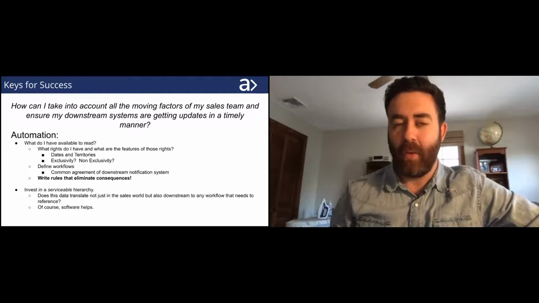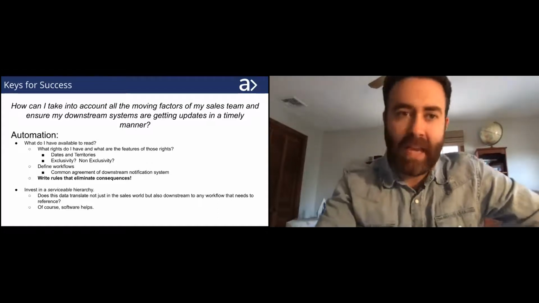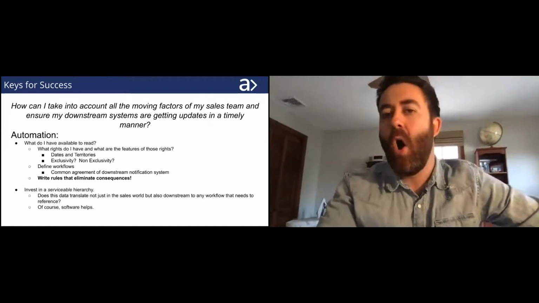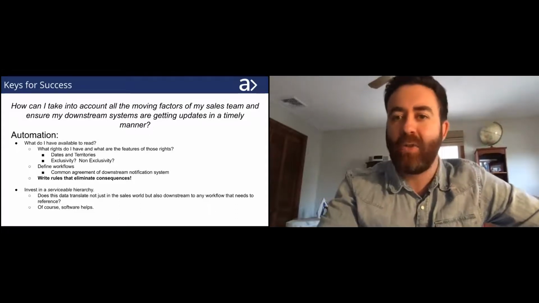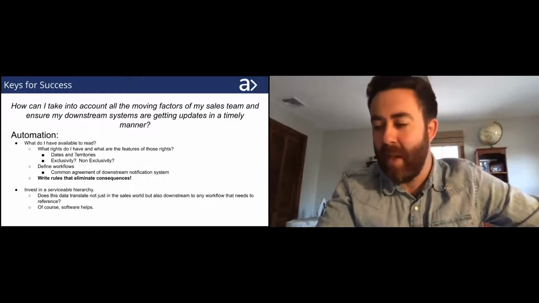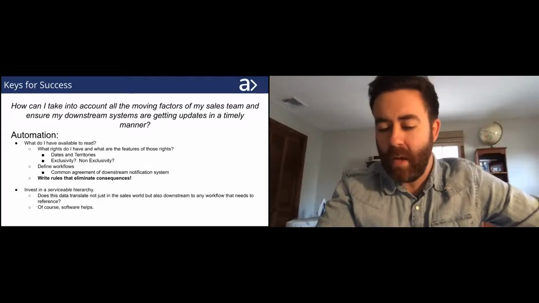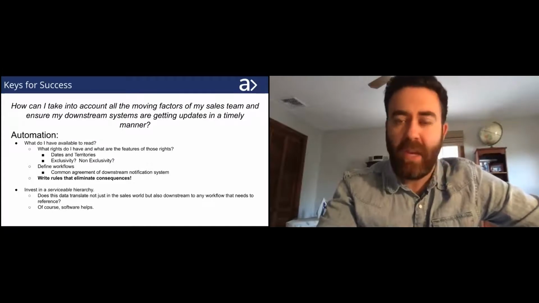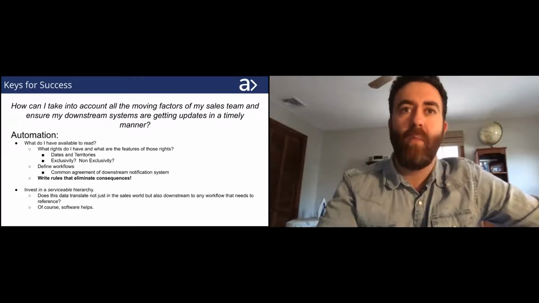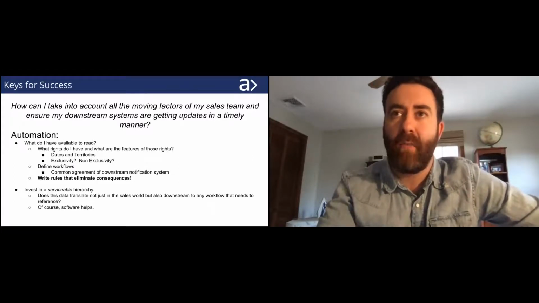So one of the other questions that I've been thinking about a lot recently is, how can I take into account all of the moving factors of my sales team and ensure my downstream systems are getting updates in a timely manner? I've been doing this for the better part of 2 years. I started learning the Avails ingest business, and then I pivoted more into this Avails generation software set for Rightsline.